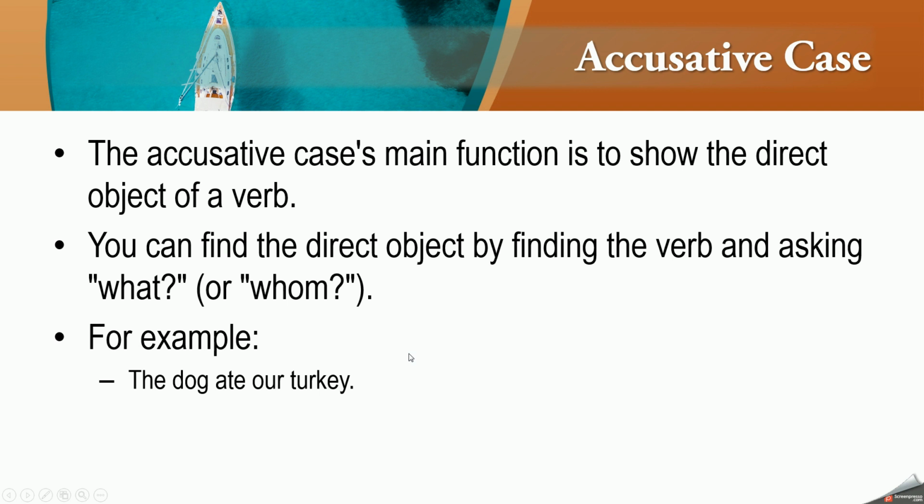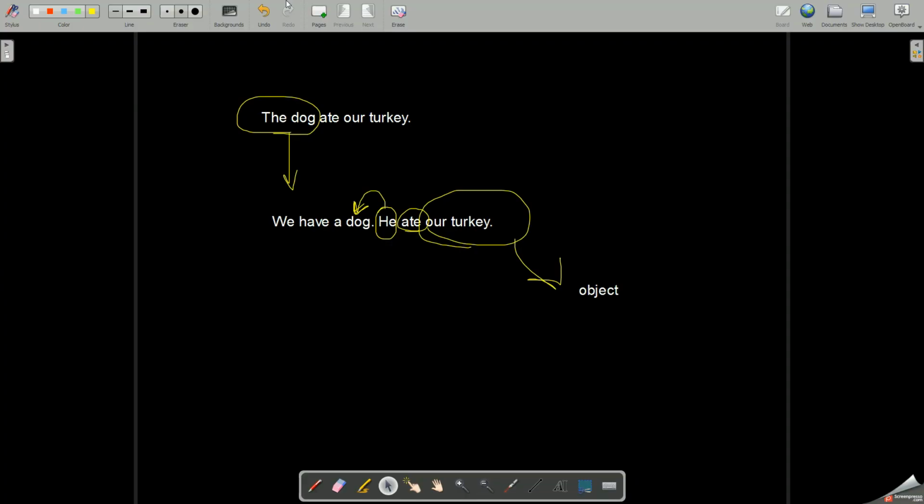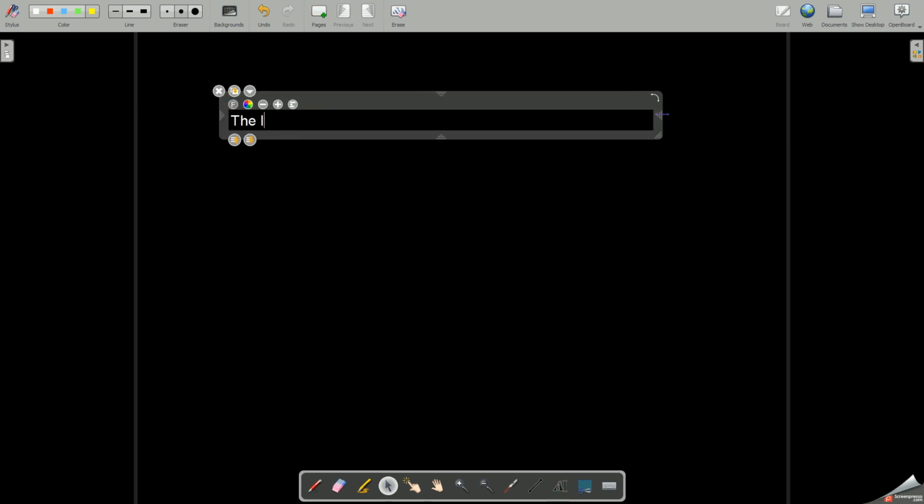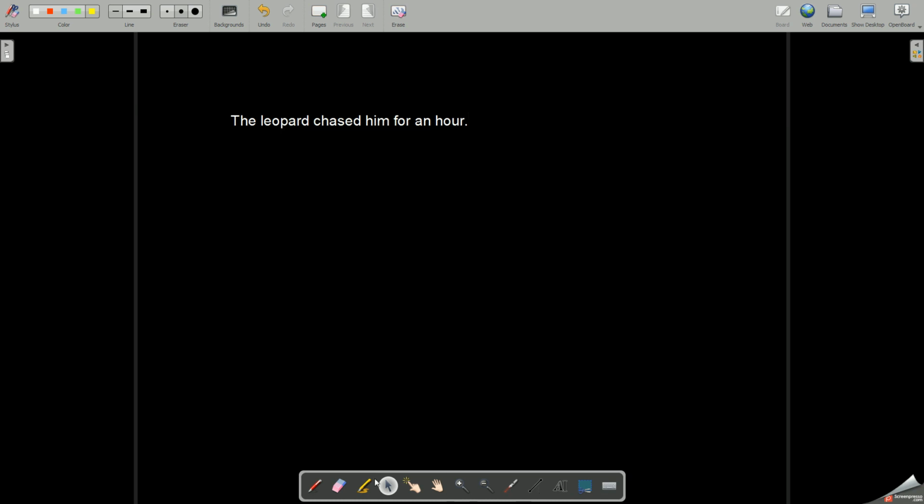So now how do we specify this? In this particular sentence, our turkey is the noun and that is the object. But if I write this sentence, the leopard chased him for an hour. So chased what? This is your verb, chased, and it's actually doing an action, and we are asking chased what?